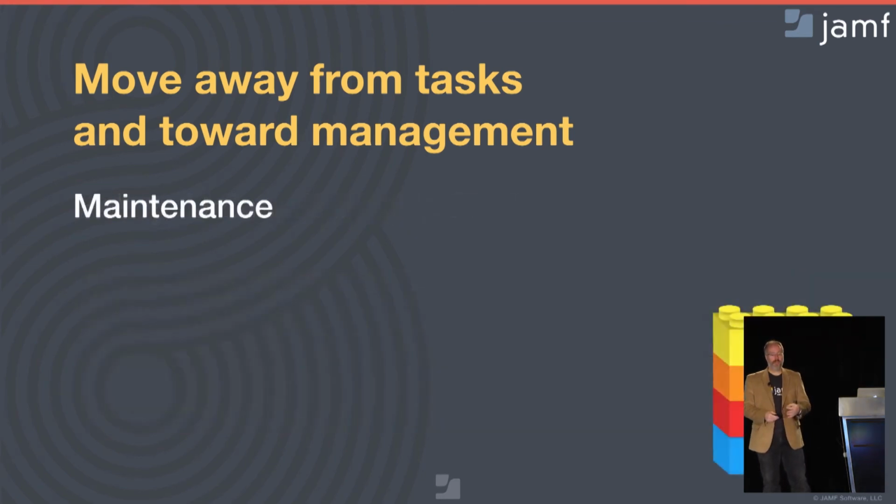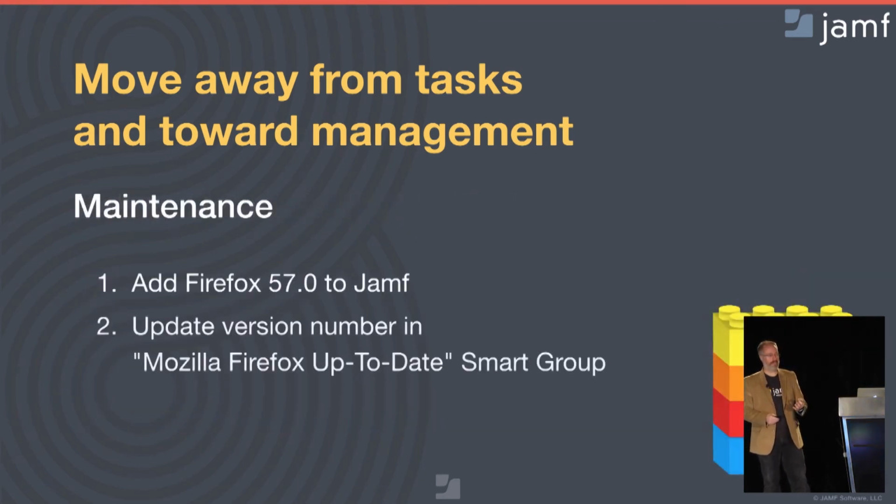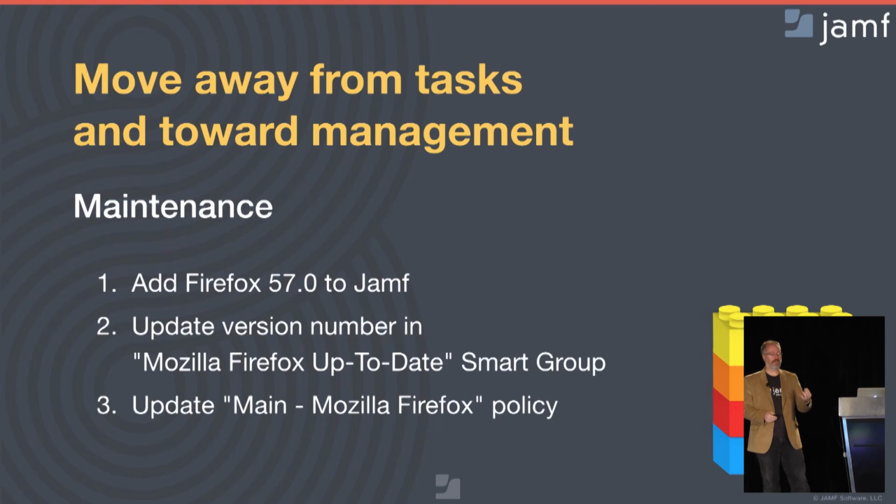All right, we've put together a lot of Legos, and we've set up a complex set of workflows, but here's the beauty to taking all this time to do this work. When it comes time to update Firefox 56 to 57, you only need to do 3 things. First, you're going to package and add Firefox 57 to Jamf.